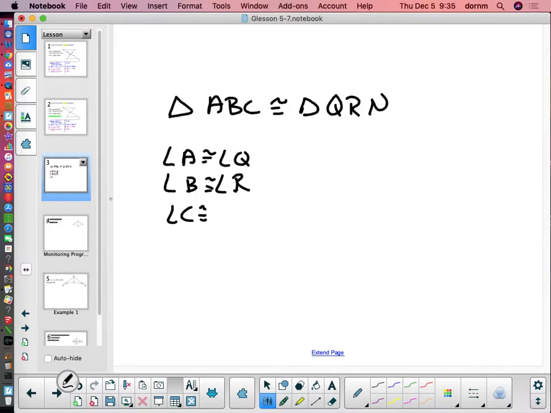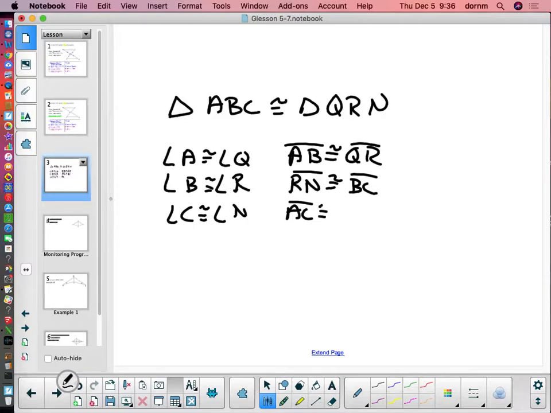R. And angle C is congruent to angle N. And we also knew that AB had to be congruent to QR. And RN had to be congruent to BC. And AC is congruent to QN, right? And that's what we did in section 1.